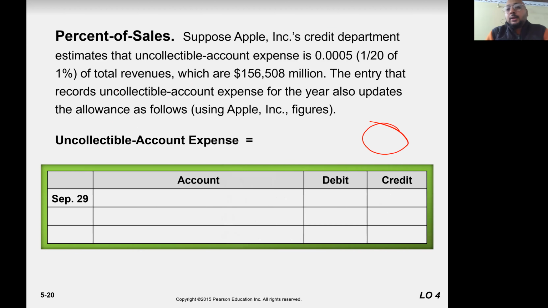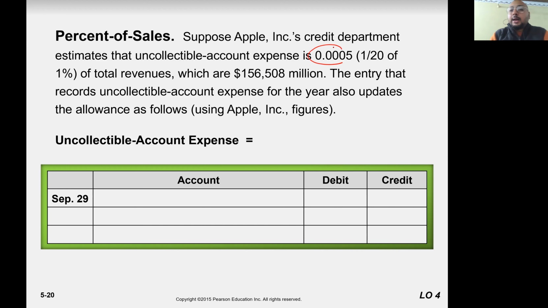So suppose Apple estimates uncollectible debt is 0.0005 of 156,508. So the entry is going to be uncollectible expense and the allowance for uncollectible accounts. All right. So what is the entry? How much is the uncollectible?